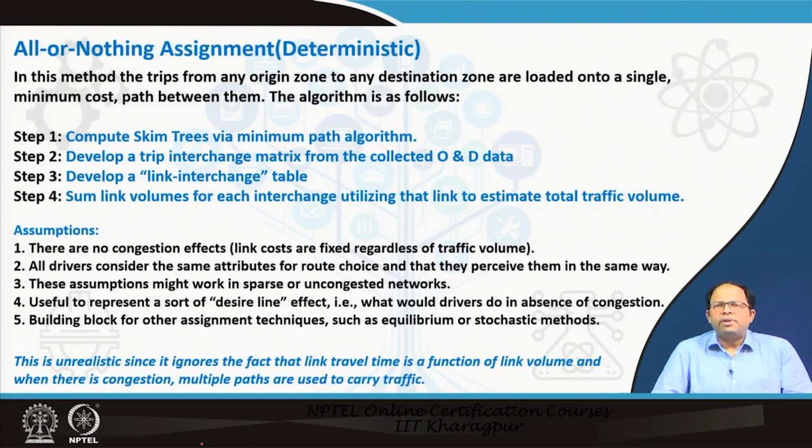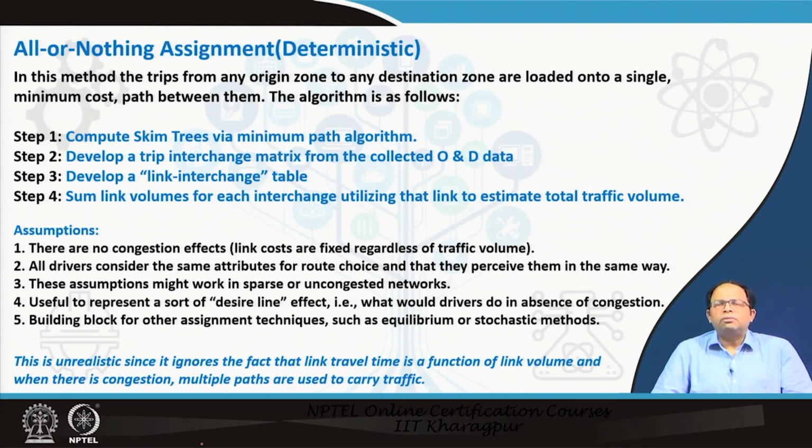For every origin zone i to every destination zone j, we will estimate the minimum paths, and once we do the minimum path, we also develop a trip interchange matrix based on data collected from origin destination surveys, or maybe from the trip distribution part, and then develop a link interchange table, and finally sum link volumes for each interchange utilizing that link to estimate total traffic volume. So these are the basic steps.